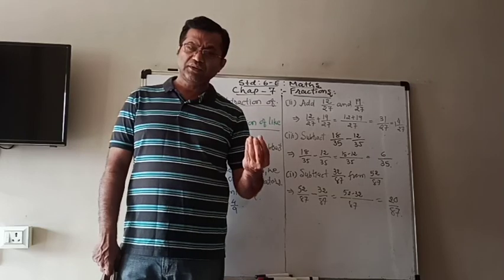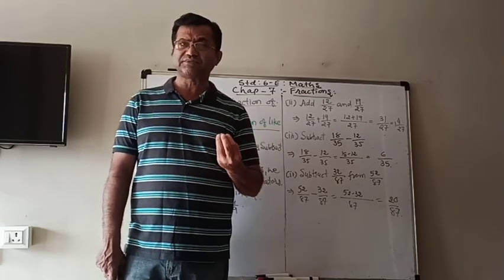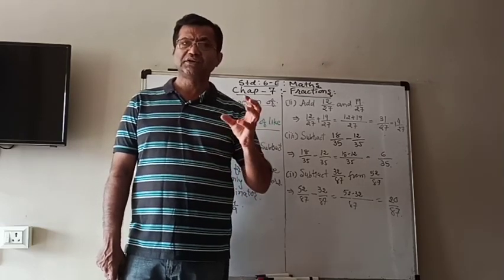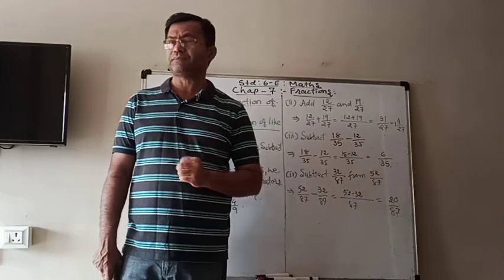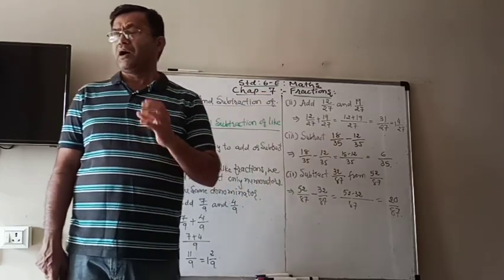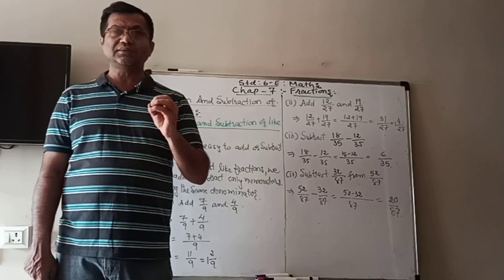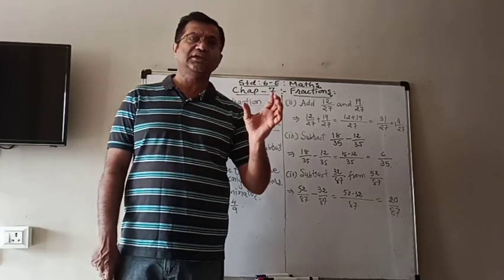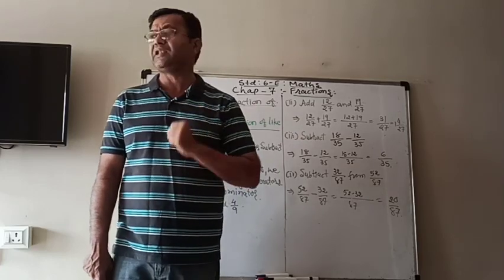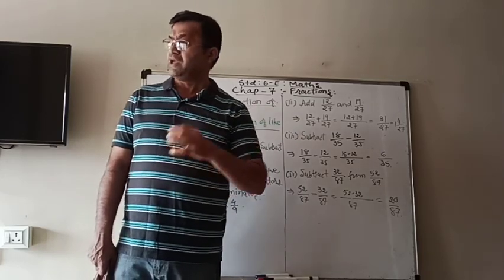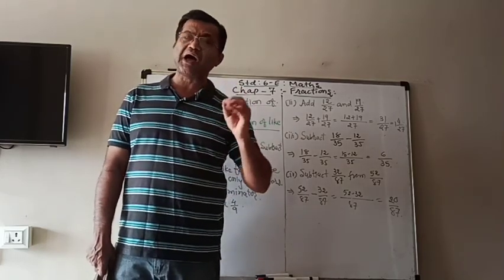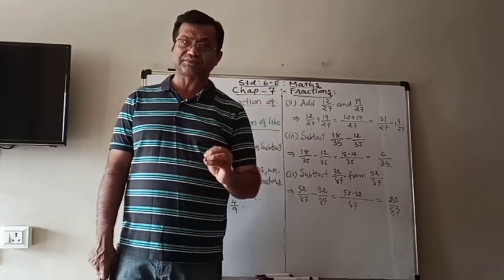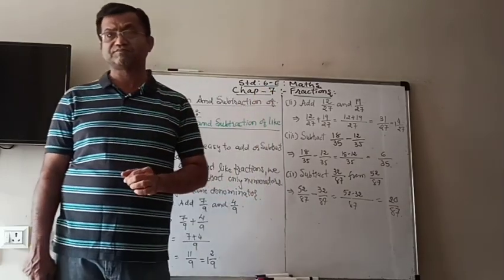But to add the fractions, you need to understand it better. First of all, we know that there are like fractions and unlike fractions. First of all, we will learn how to add or subtract the like fractions.